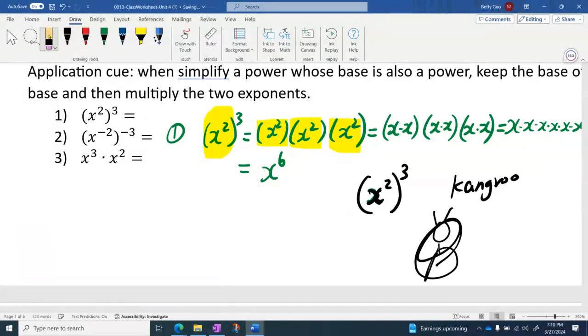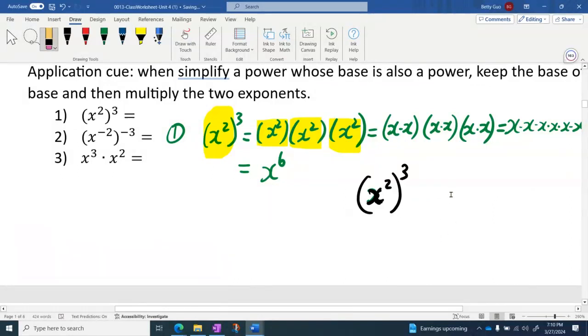Kangaroo mommy has a pouch in front of her belly, and her baby kangaroo would sit in the pouch. So our power rule applies when we need to simplify an expression with that type of structure, like a kangaroo structure.